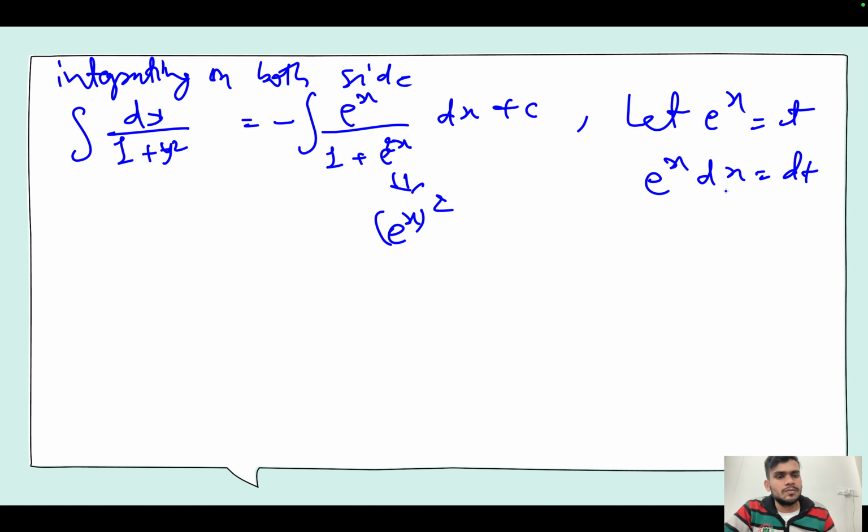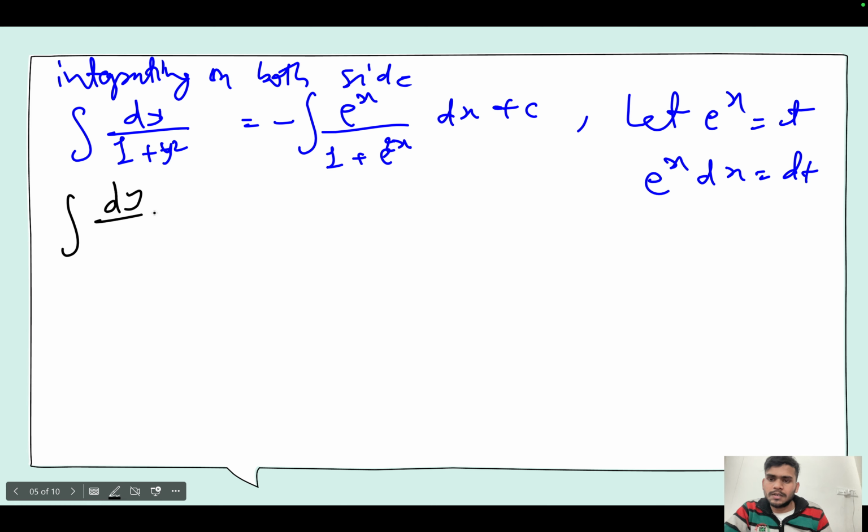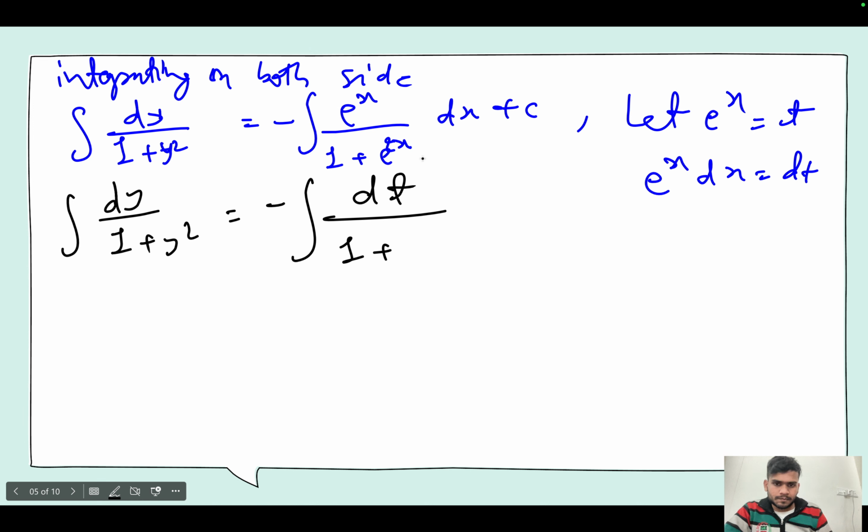So this will become integration of dy by 1 plus y square is equal to minus, e to the power x is common, so e to the power x dx is equal to dt, so dt by 1 plus, this term is e to the power x whole square, and e to the power x is t, so this is t square, plus c.